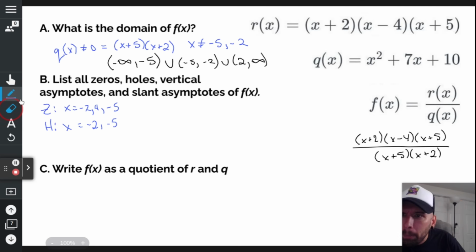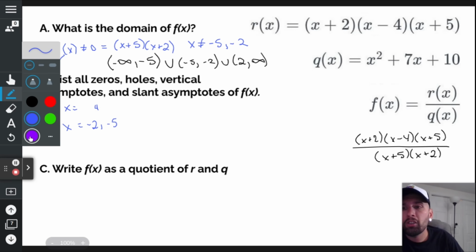The zero can't be negative 2 because you're not allowed to plug in negative 2, so you can't get an answer. Same thing, my zero can't be negative 5 because you're not allowed to plug in negative 5. So my only zero here is 4. Okay, good thing I checked, huh?